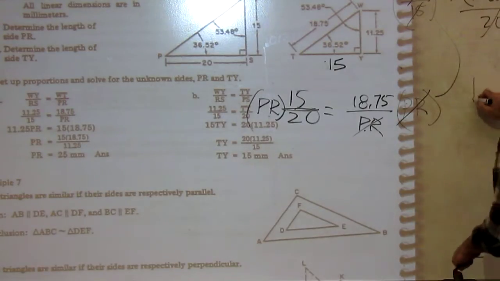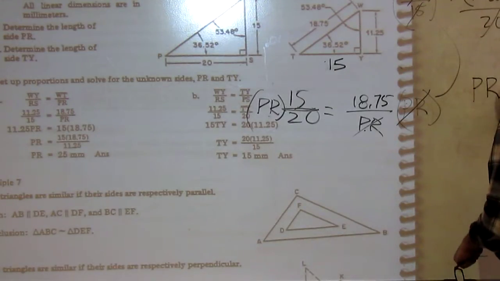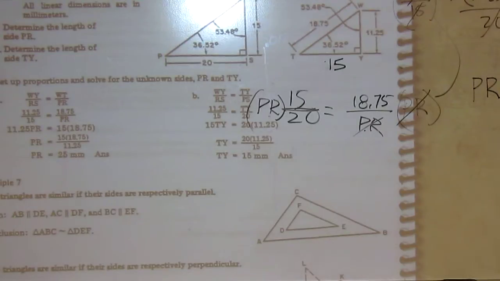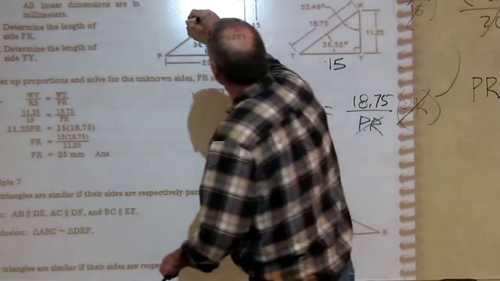That leaves me PR on one side is equal to 18.75 times 20, which is 375, and that is still divided by 15. We can run that last number now. It's 25. PR is equal to 25.